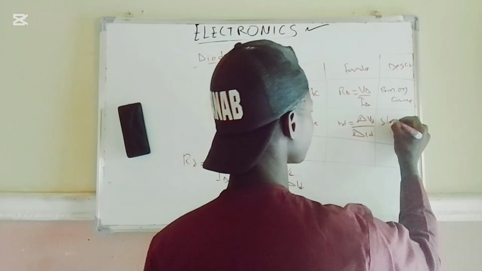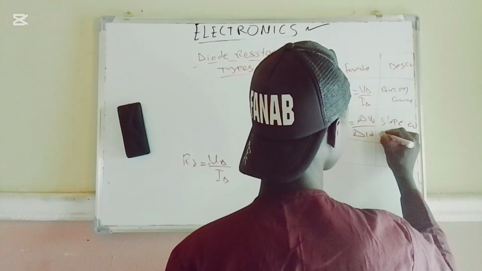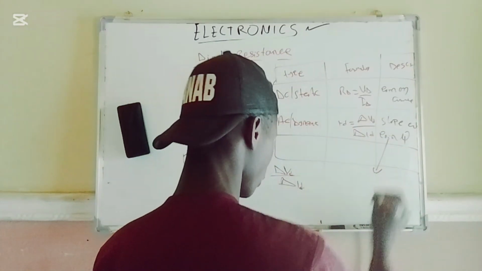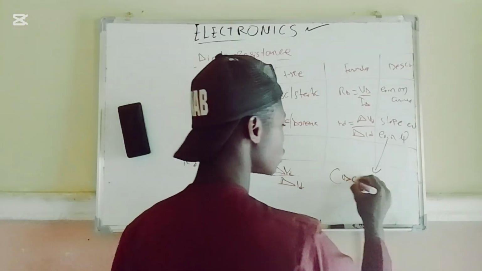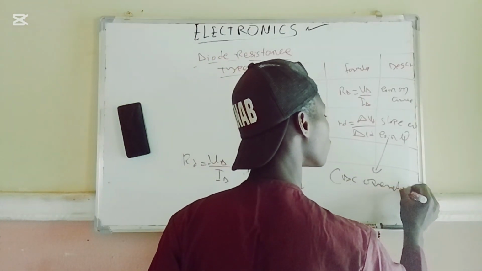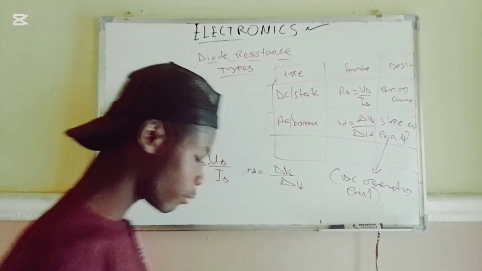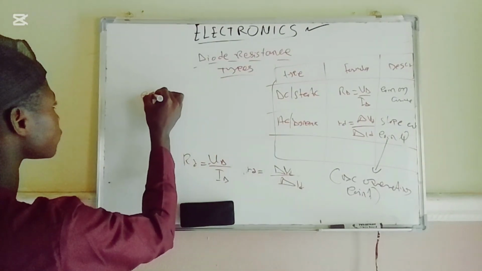Slope at point Q. It means that this is the slope at point Q, the DC operating point.